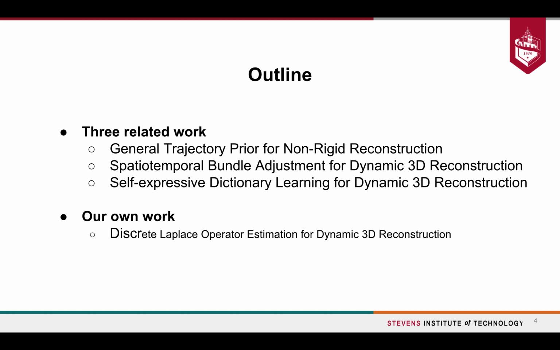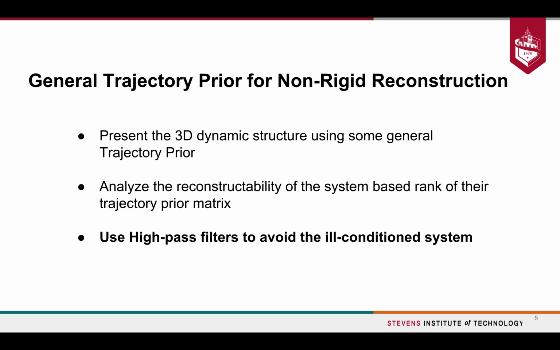In the outline of today's talk, I'm going to talk about three related works, and finally our own method to solve this problem. The first paper is called Generic Trajectory Prior for Non-Rigid Reconstruction.